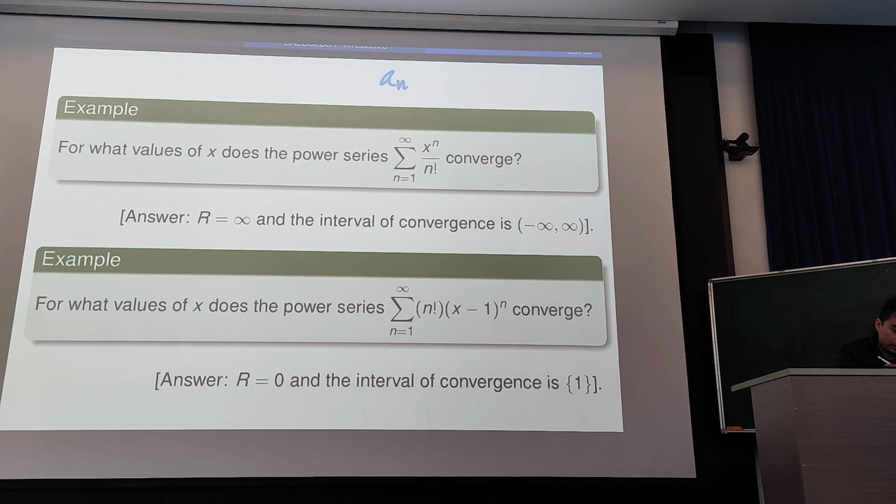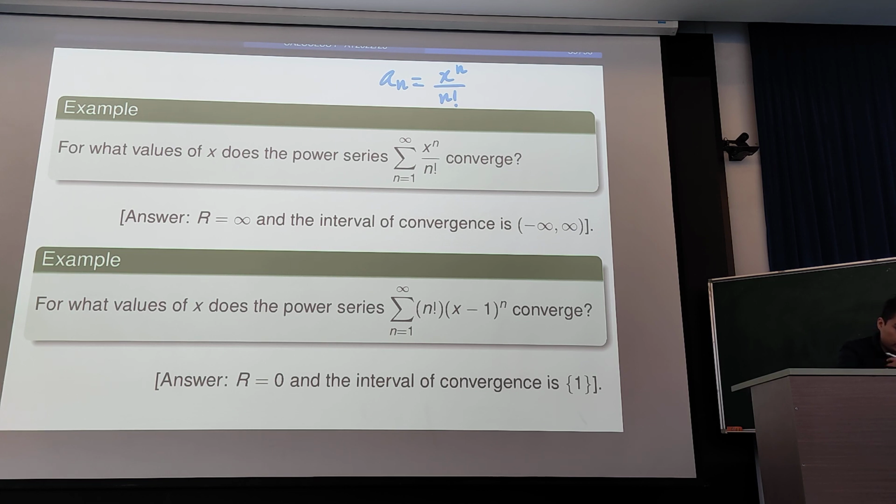We have an equal to x power n over n factorial. I think for this type of series, we should use the ratio test, because we have this notation of n factorial, the product of the first n integer numbers.